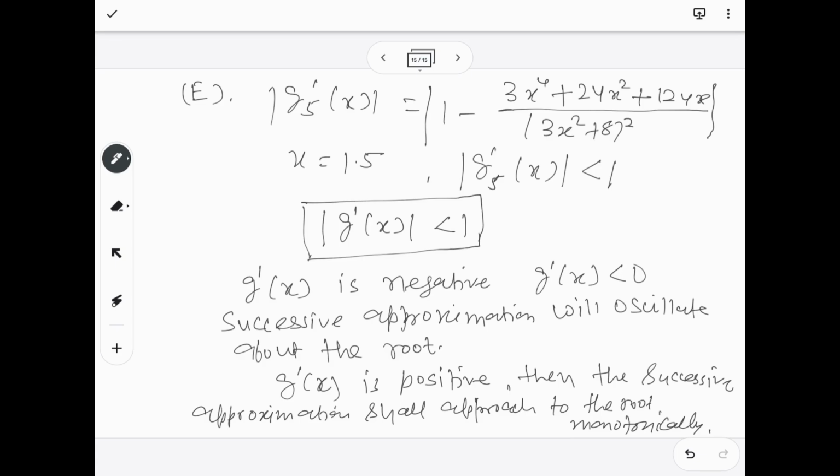So remember this point, that if g prime absolute value is less than 1, but g prime, not absolute value, only g prime, that is the derivative of g is negative or slope of g is negative, then the successive approximations will oscillate about the root. And if g prime is positive, that is the derivative of g is positive, or in other words slope of g is positive, then the successive approximations shall approach the root monotonically.